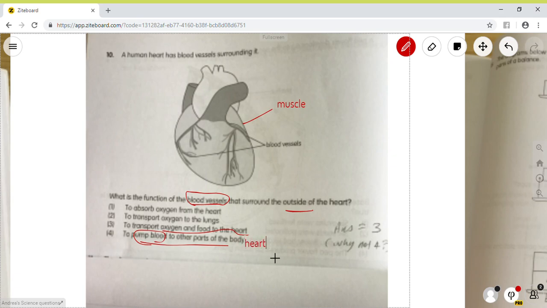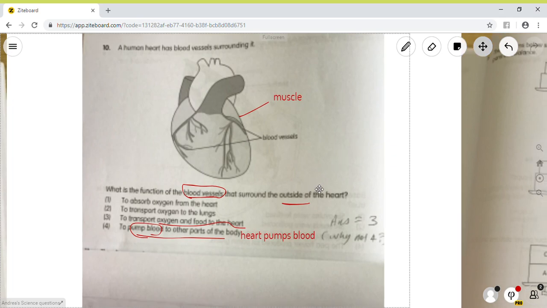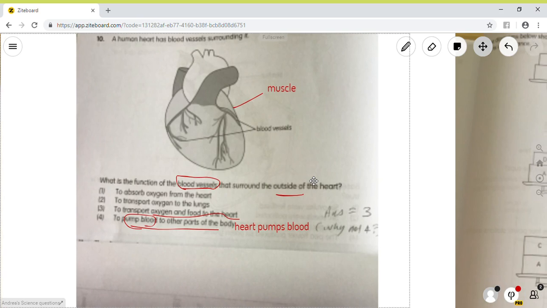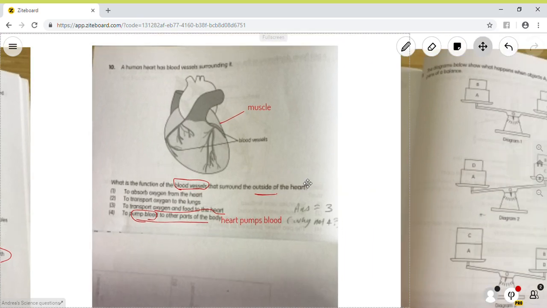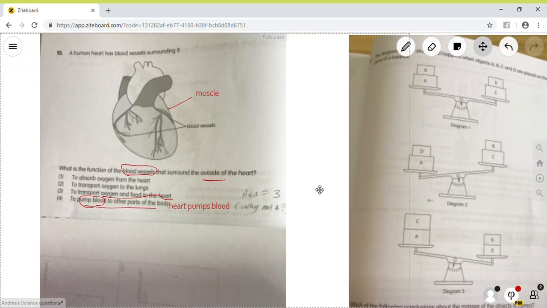Heart is the organ that pumps blood. Oh. Heart pumps blood. Artery, they carry oxygenated blood away from the heart. Oxygenated blood. Artery. Okay. Yeah. Okay, is this okay? Yeah, okay.